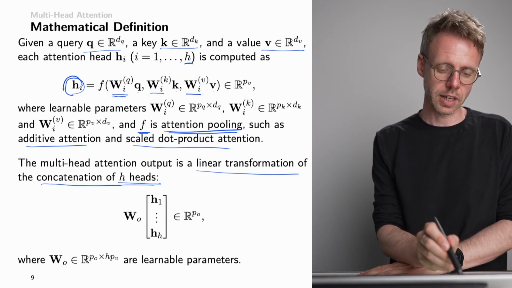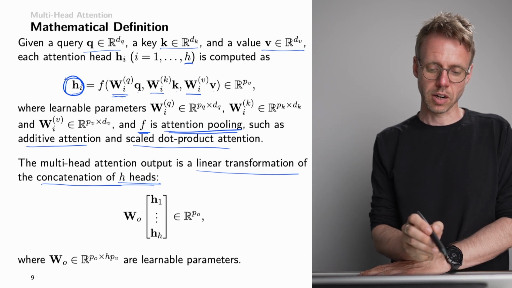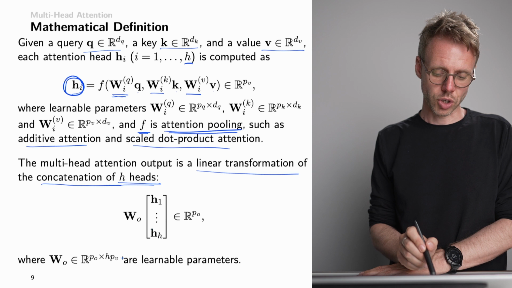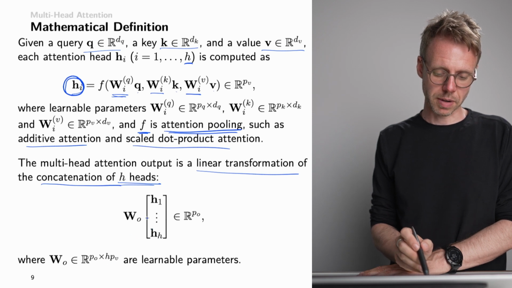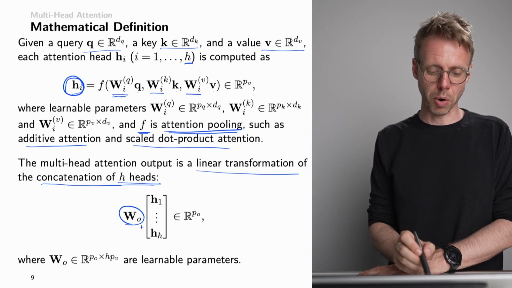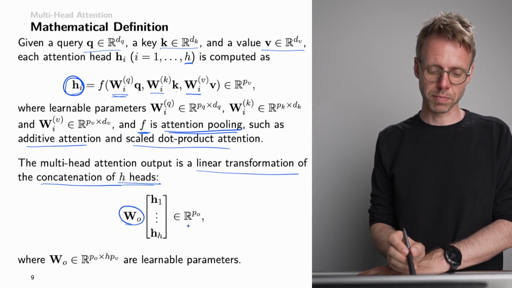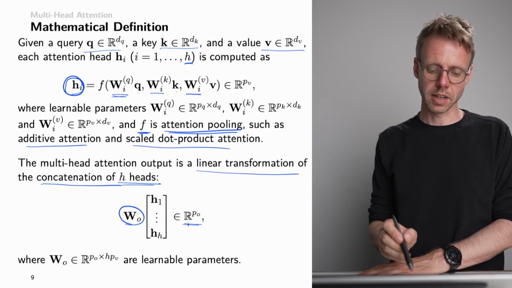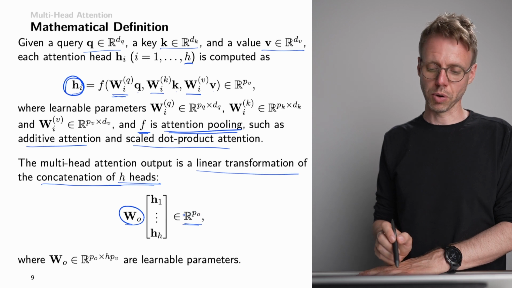So each of these attention heads is our h_i, which has some dimensionality, and we are transforming it using a weight matrix WO in order to compute an output vector of dimensionality R to the p_o.